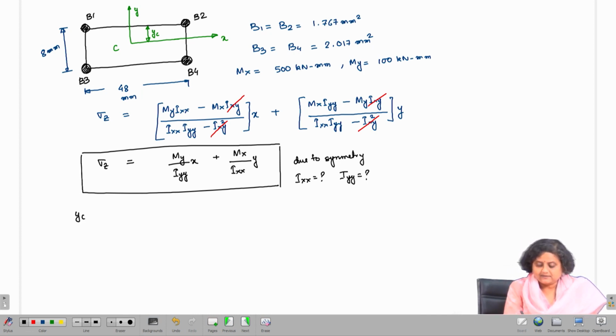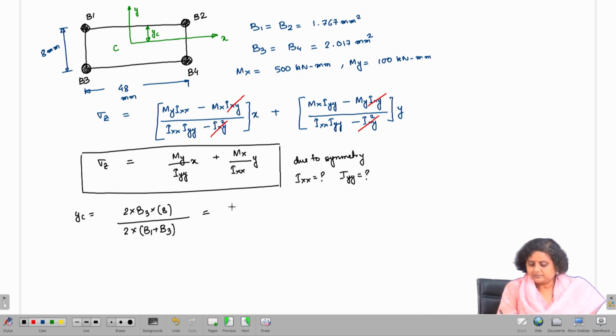Now, YC, if we measure about the top flange, is going to be 2 into B3 plus B4, that is 2 into B3 into 8 by 2, over 2 into B1 plus B3, that is going to be 2 into 2.017 into 8 by 2, over 2 into 2.017 plus 1.767.